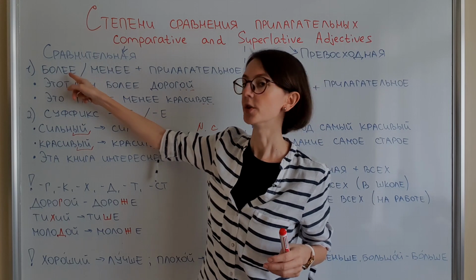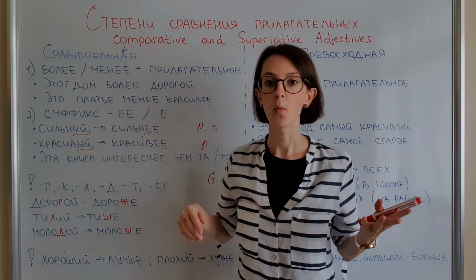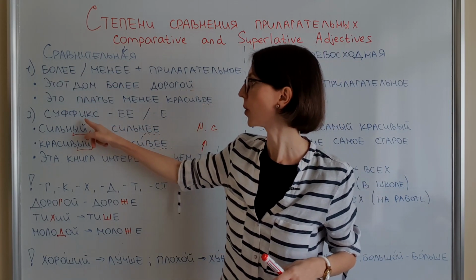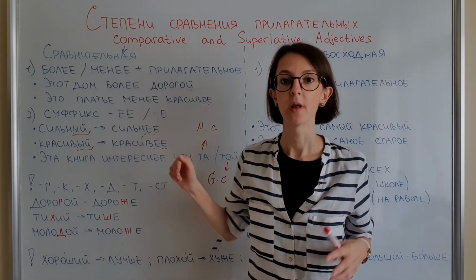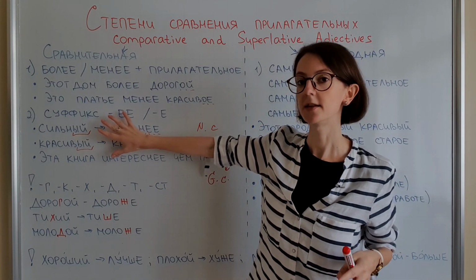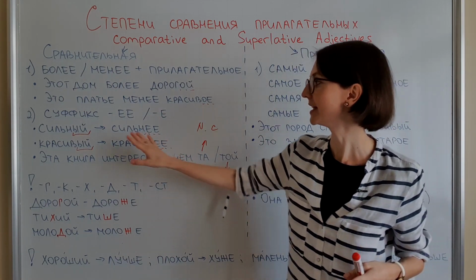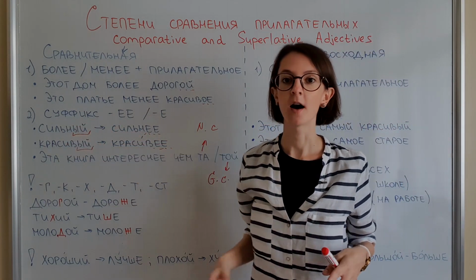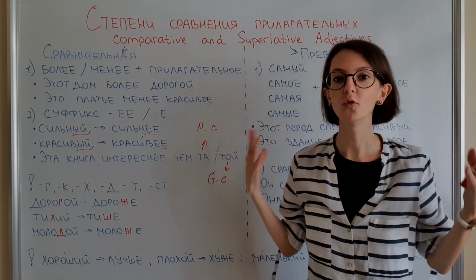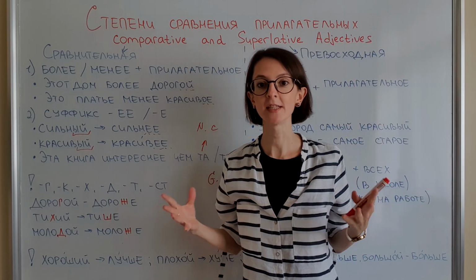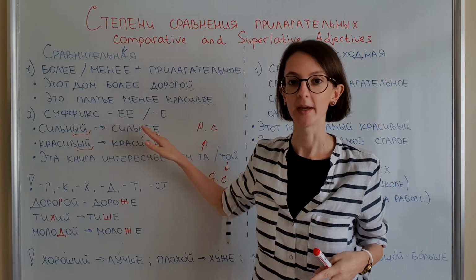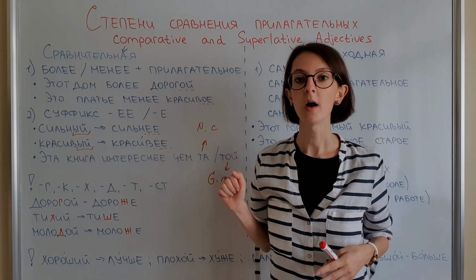So these are two ways how to make comparative adjectives. The first one with более, менее, more, less, and the second one with suffix ее. But unfortunately, as I said, this case is a little bit more complex. So these adjectives are, I don't know, normal. They are not exceptions. It's rather easy to make comparative form.